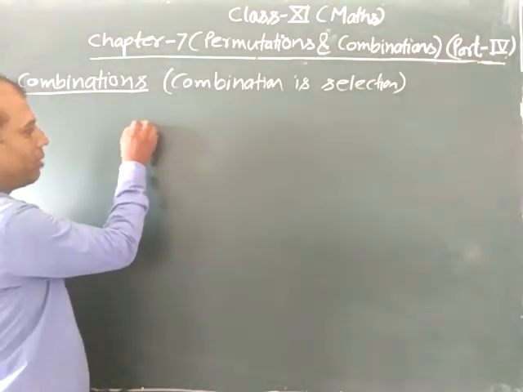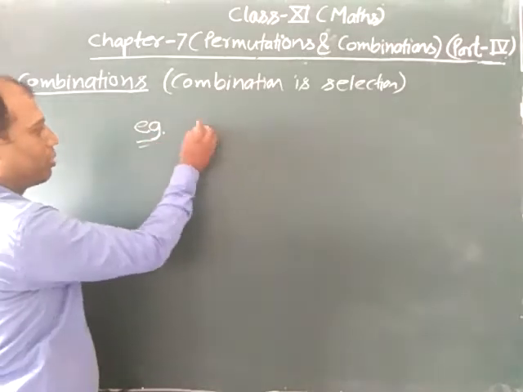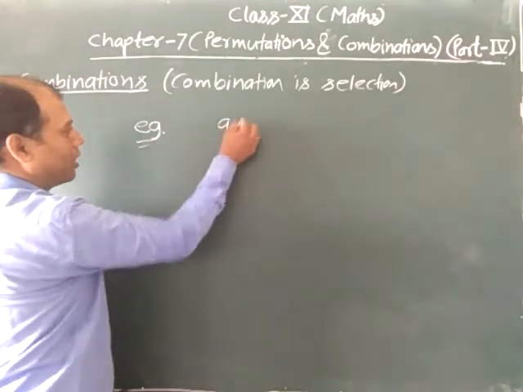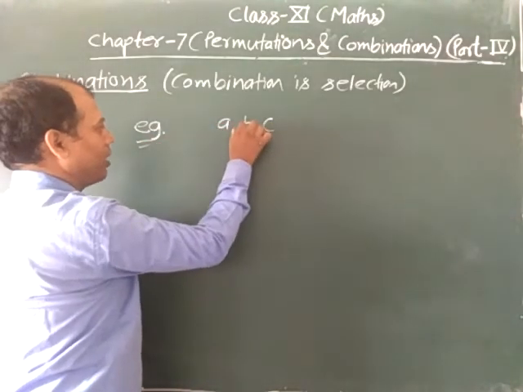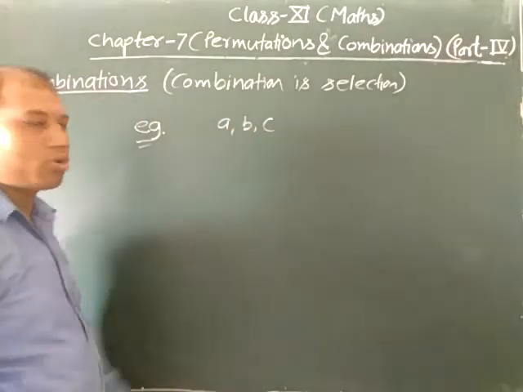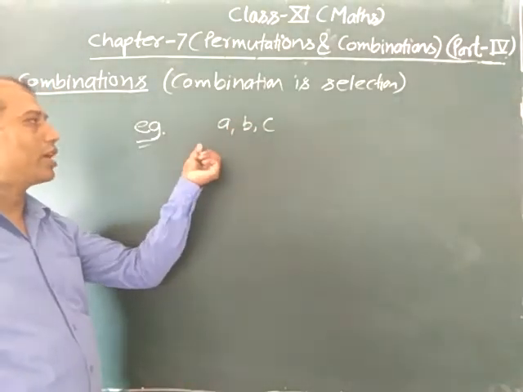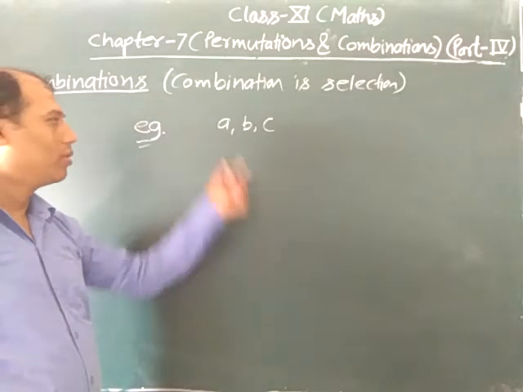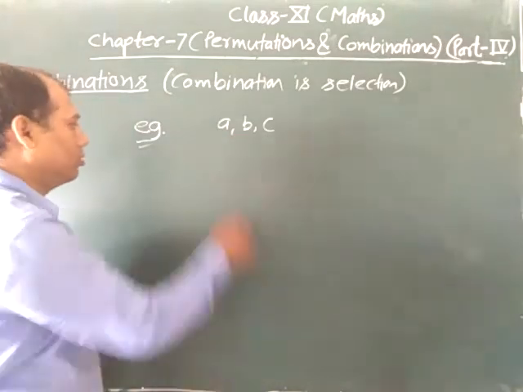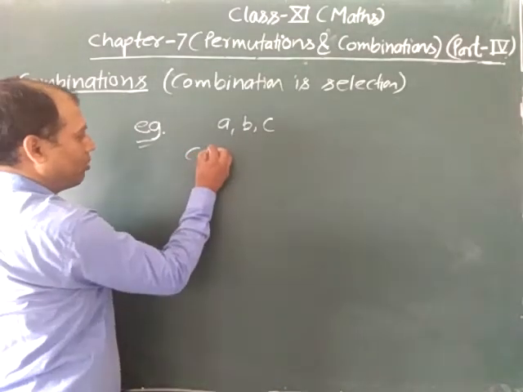So consider an example. Suppose that there are three objects A, B, C, and we have to find out the number of combinations. Means we have to select two objects at a time from these three objects.